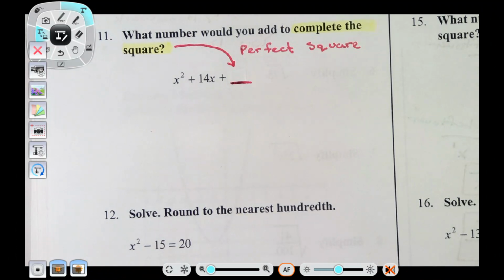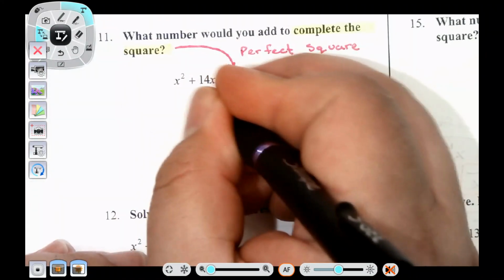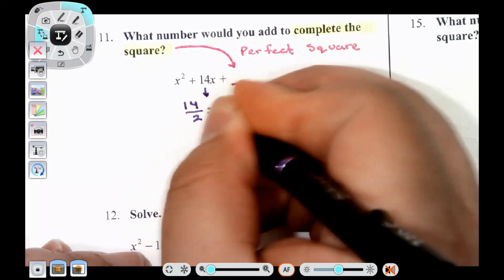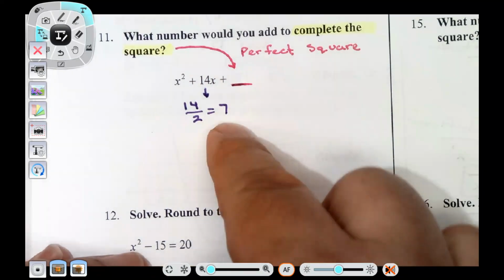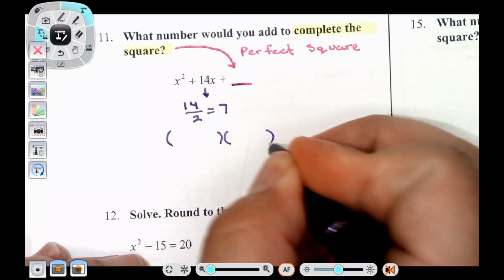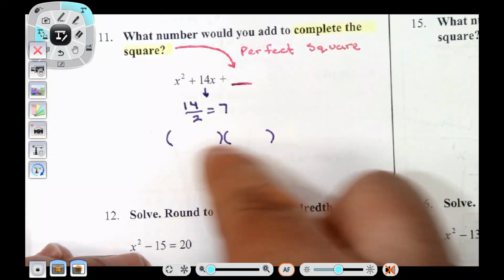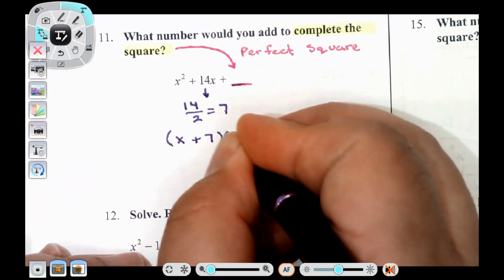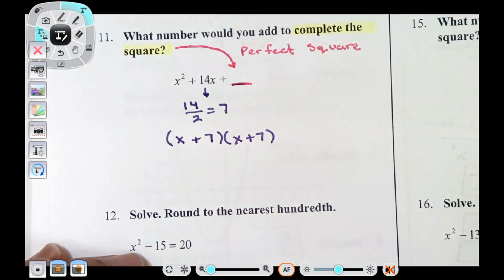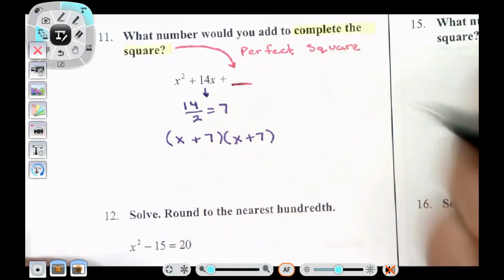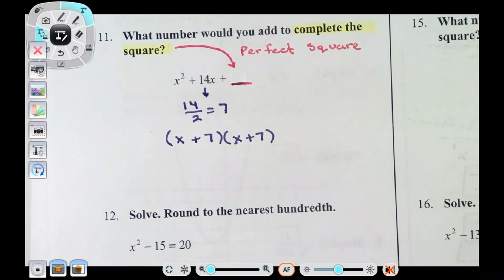So here we go. I am going to start by taking that 14, dividing it by 2, which is 7. Once I know it's a 7, now I know what my 2 factors will be. And remember, because it's a perfect square, they have to be the same. So it's x plus 7, because it's positive, x plus 7 again. But the goal was, what goes here? Well, according to my note, all I have to do is a little multiplication.